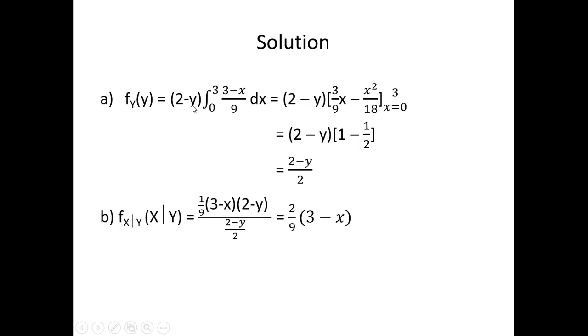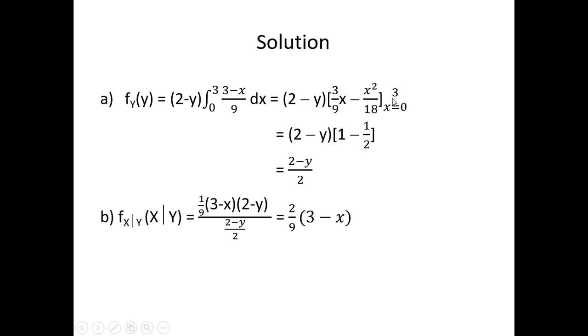So this gives us my 2 minus y term. 3/9, integrating that with respect to x, we get 3/9 x. And then here I have minus x over 9. When we integrate, we get x squared over 9 times 2, so I get x squared over 18, evaluated from x equals 0 to 3.